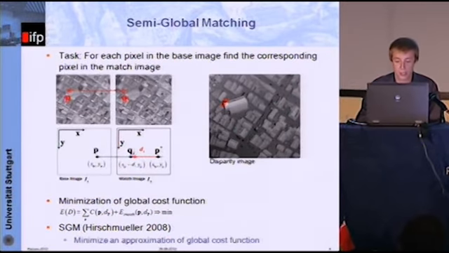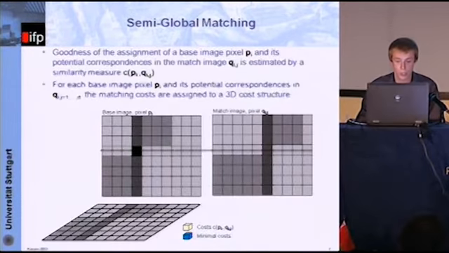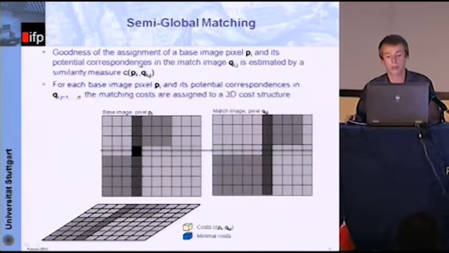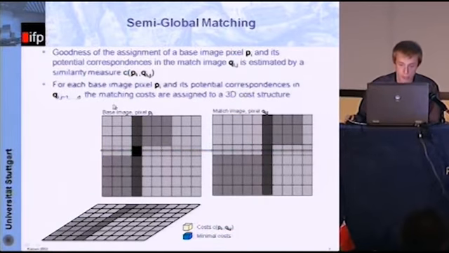How does this semi-global matching work? First, we define some function or similarity measure, denoted by C in here, which represents the goodness of the assignment of a base image pixel P and its potential correspondence in the match image Q. So if you take a look at this one here, you have this base image pixel P, and we're looking along the epipolar line and calculating the cost for the similarity.